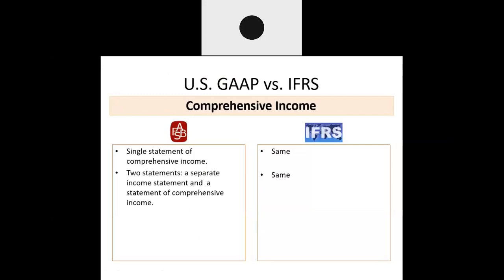That is the reason why. So both OCI and changes in shareholders' equity can change the equity of the shareholders, but the difference is that the statement of changes in equity is for owner transactions, and the statement of comprehensive income is for non-owner transactions.